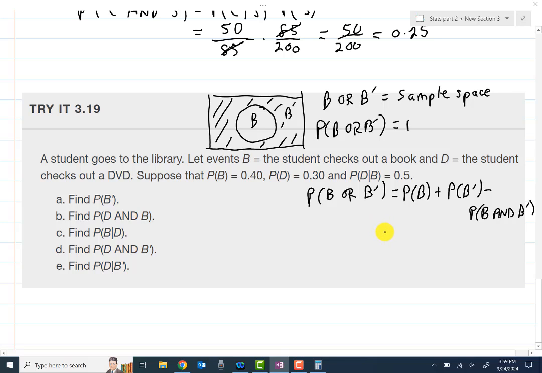Well, the thing is, B and B prime are completely disjoint. They have nothing in common because B prime specifically are those items that are not in B.